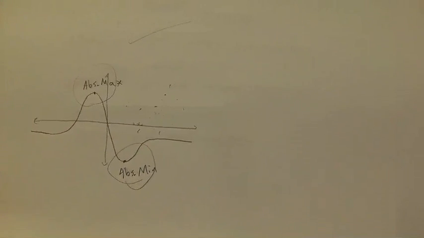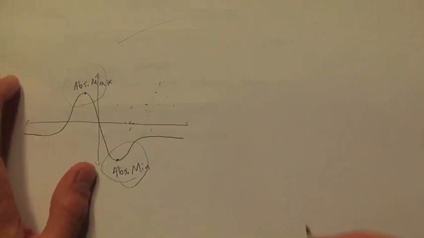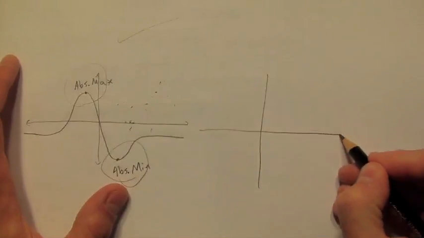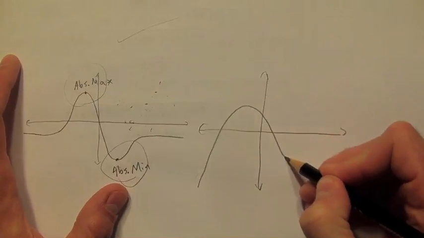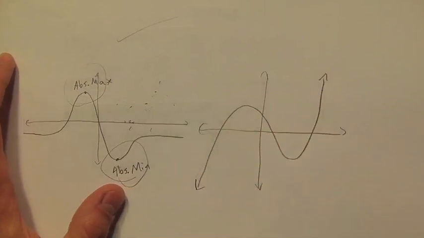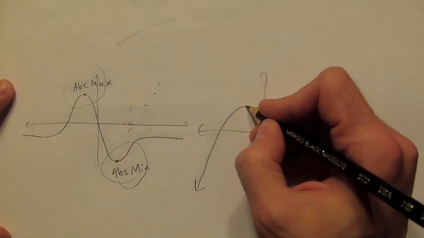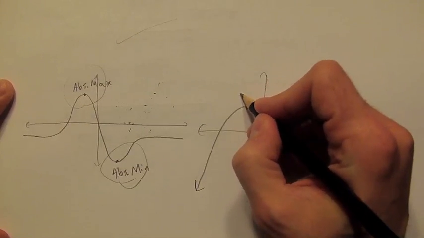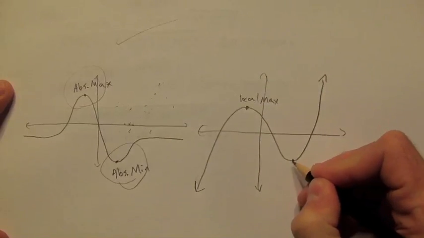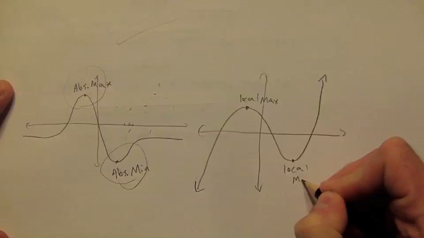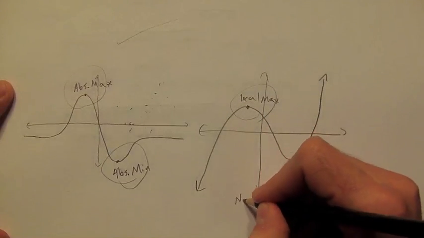And so we have both an absolute max and an absolute min. Okay, but for example, a similar kind of graph here, if I have a graph that looks like this, I have, well, a local max and a local min. Okay, but no absolutes.